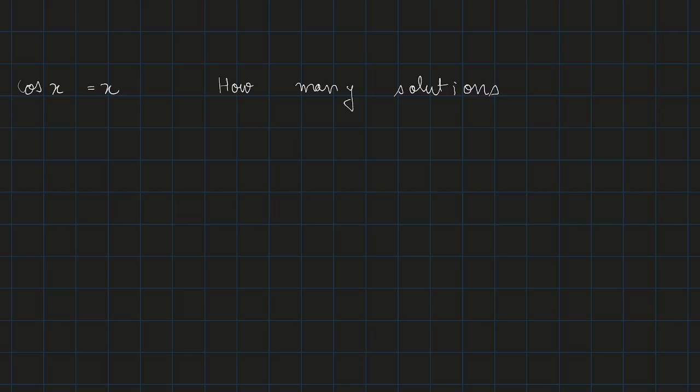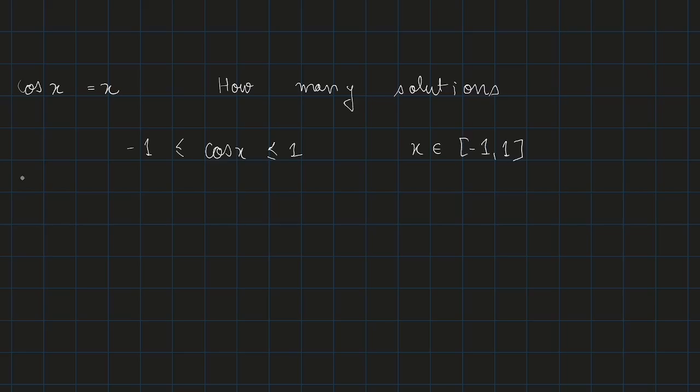First of all, let's look at what we have. We have cos of x, and I know cos of x is only between minus 1 to 1. It cannot have any value which exceeds 1 or is less than minus 1. So that means this is only going to be satisfied when x is also between minus 1 to 1.